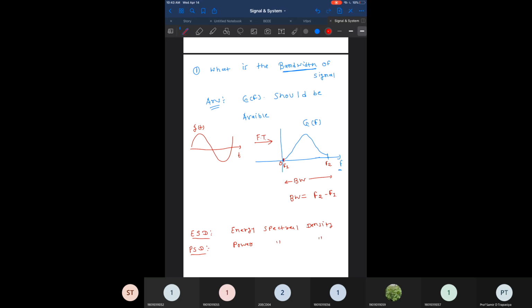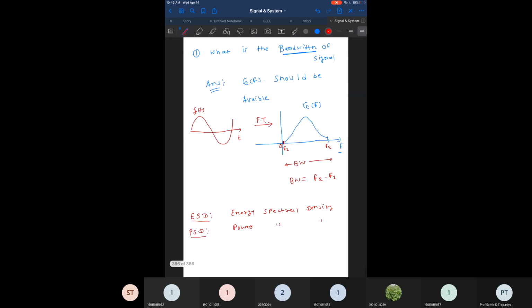If you want to change some parameters, if you want to remove some components, or if you want to save the frequency spectrum, then again G of F should be available. G of F is required.